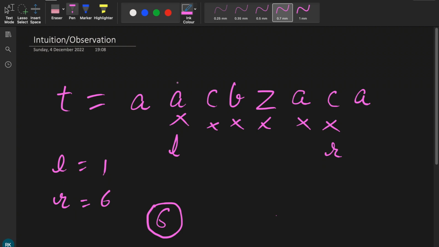Why? Because let's assume if I take all the characters from L to R, then the remaining t will be just AA. That is, I only have to match 2 characters in string s, so I have to make only 2 characters a subsequence in string s. But if I leave some characters here, let's assume I leave C and A, then I will have ACAA, that is a string of size 4 to match in string s.